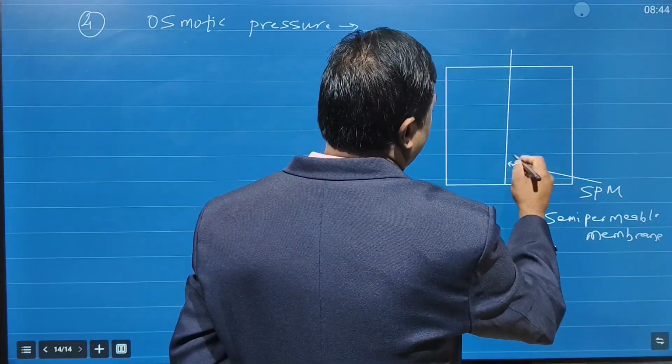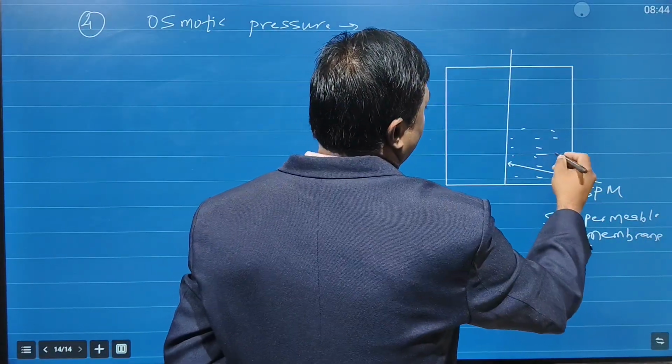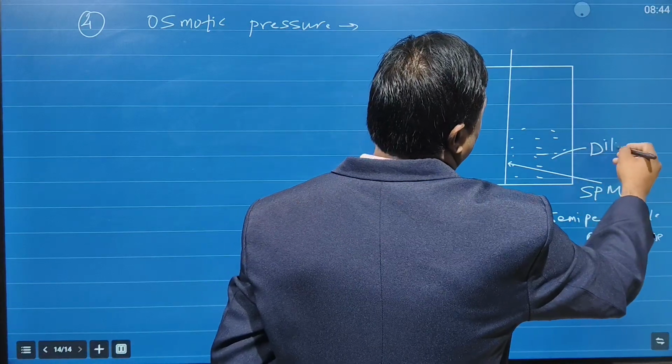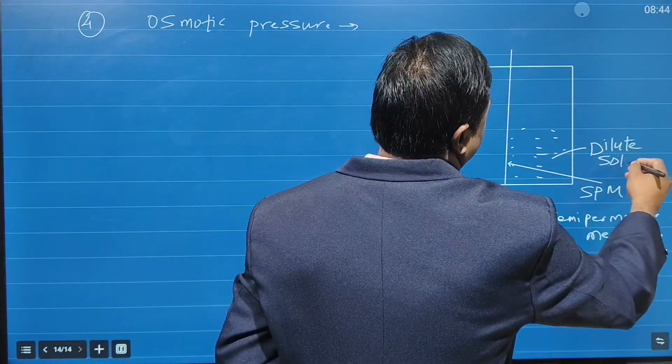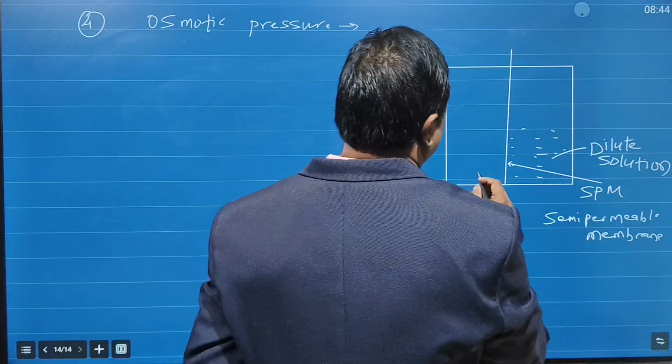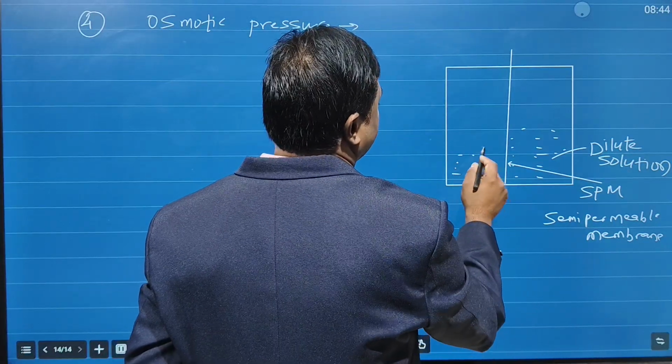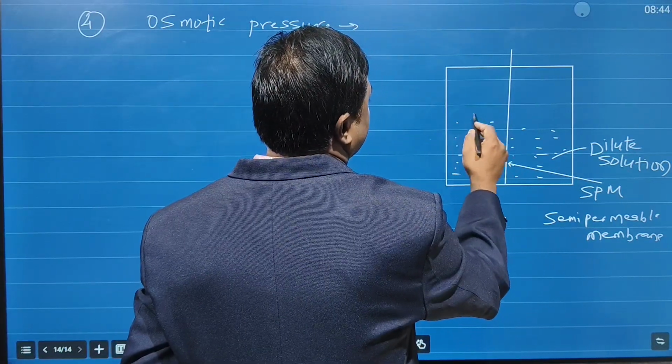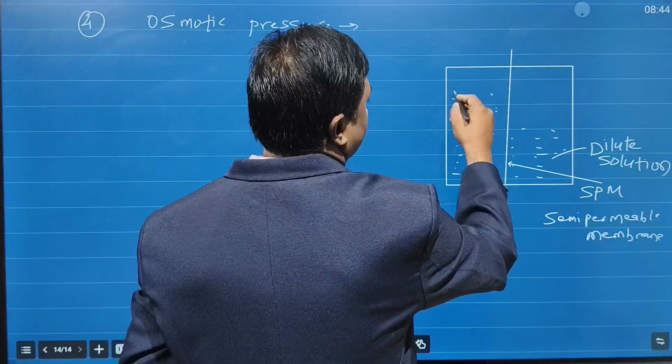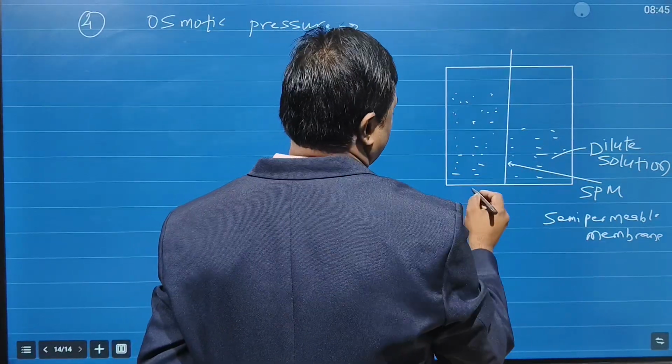In this container we have kept a dilute solution, and in the other there is a concentrated solution.